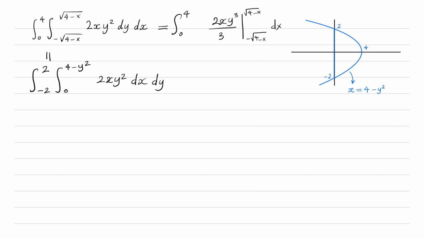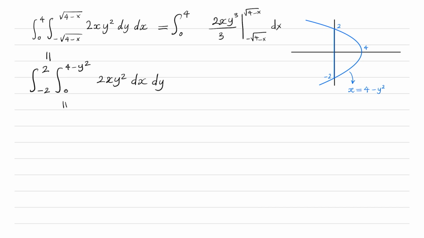You can of course plug these into y cubed. You get 4 minus x to the power half to the power 3. So 4 minus x to the 3 halves times x minus some similar term. It is possible to integrate that, but it is a very messy integral. It's very complicated. But if we change the order of integration, we get a much simpler integral.